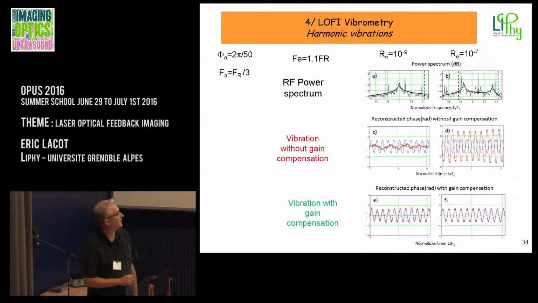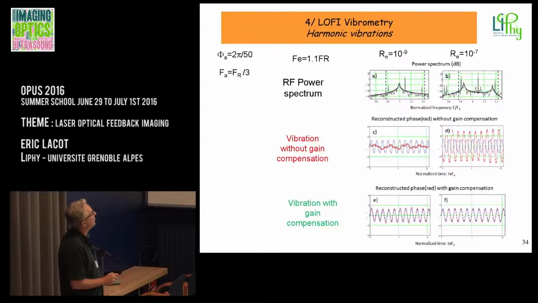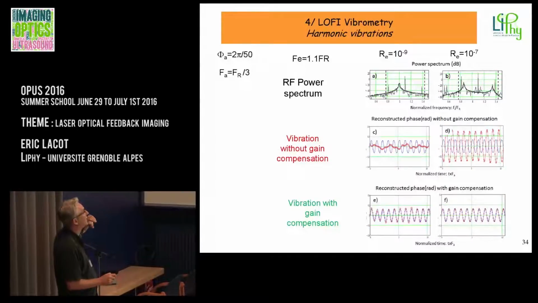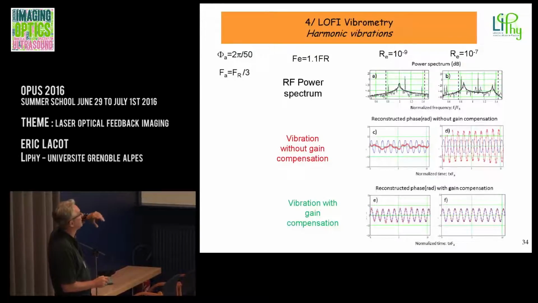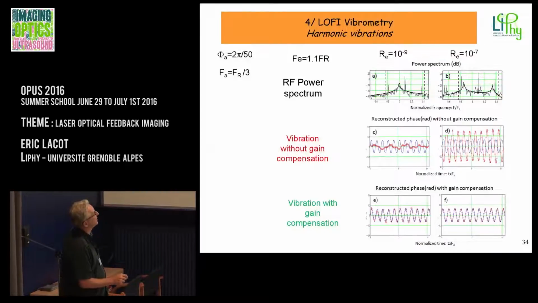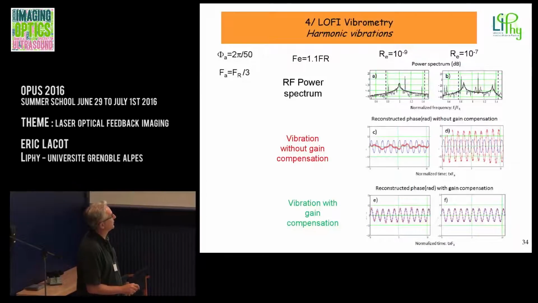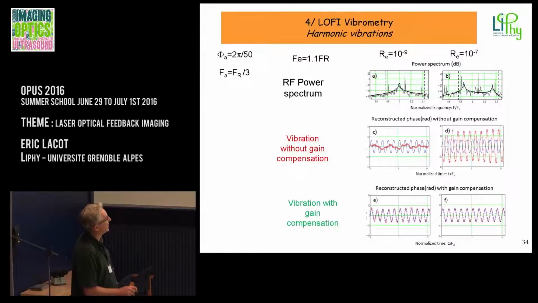The first example is a numerical simulation for the detection of a harmonic vibration. This is a small amplitude of vibration, 2π divided by 50, which is lambda over 100. The acoustic frequency is equal to 300 kHz, while the relaxation frequency is equal to 1 MHz. The frequency shift is near the resonance, as we can see here. There are two examples: a small feedback, 10 to minus 11, and a strong feedback, 10 to minus 7. The frequency shift is here, and the two sidebands induced by the acoustic vibration are here.